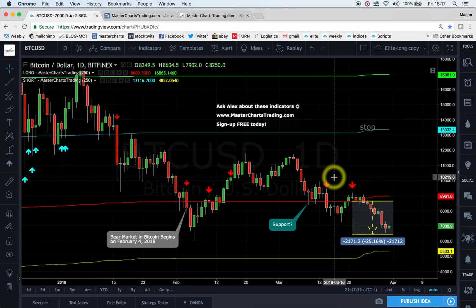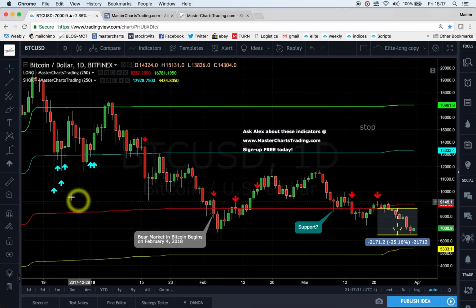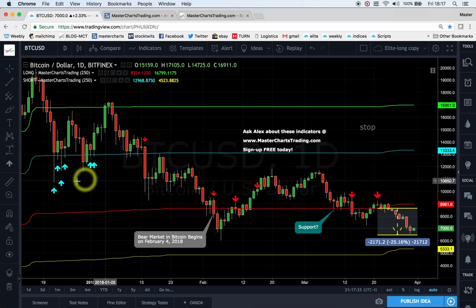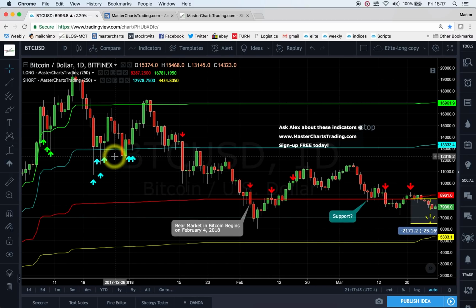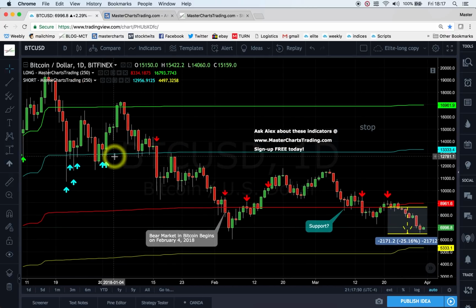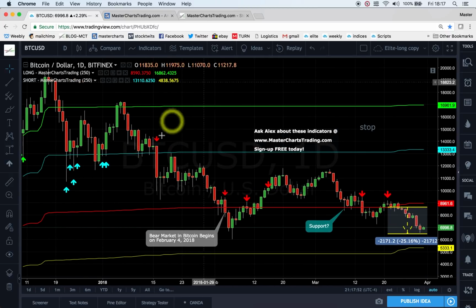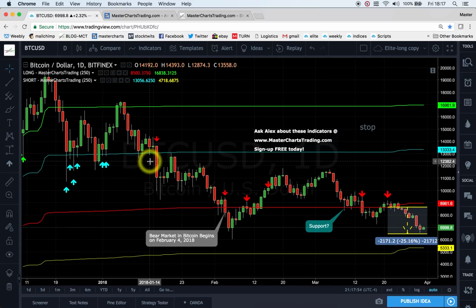I think the number one reason is that in December of 2017, Bitcoin futures started trading in the United States, giving speculators an opportunity to not only quote-unquote invest in Bitcoin but actually trade it.